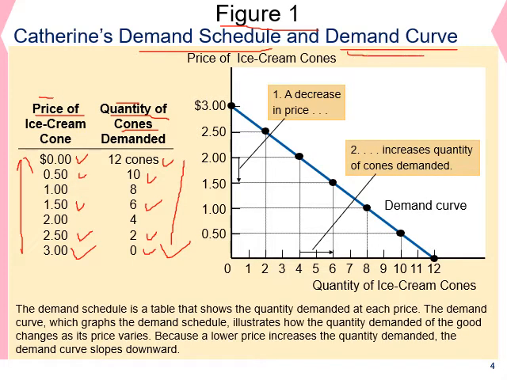Catherine's demand curve is a graphical representation of her demand schedule. We are going to plot the price of ice cream, P, on the vertical axis, or the y-axis, and the quantity of ice cream cones demanded on the horizontal axis, or the x-axis.